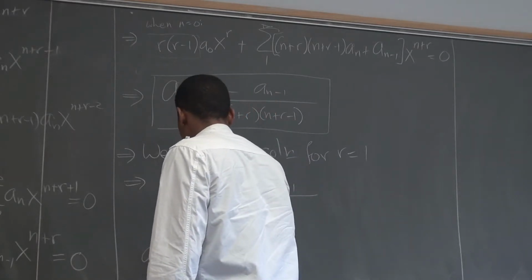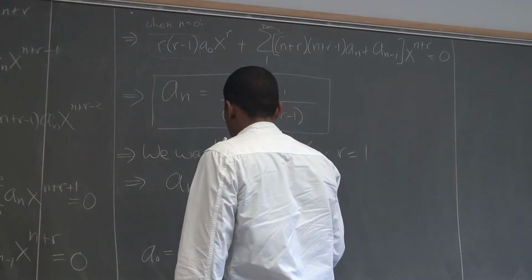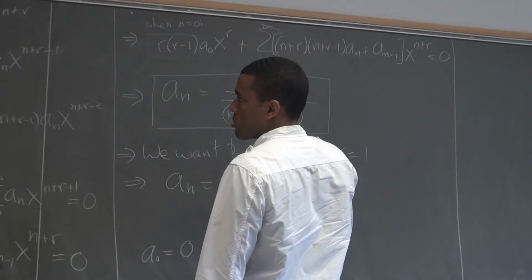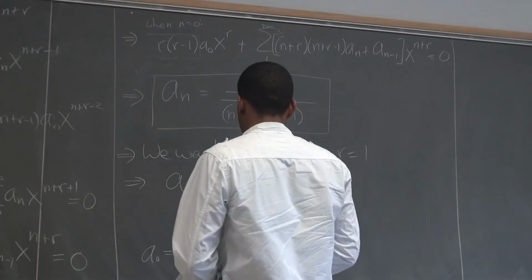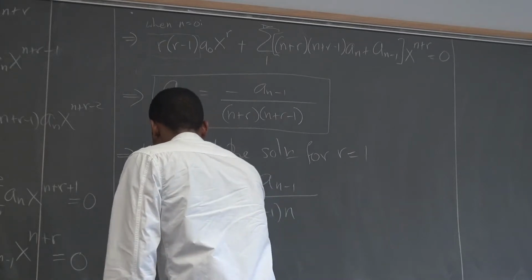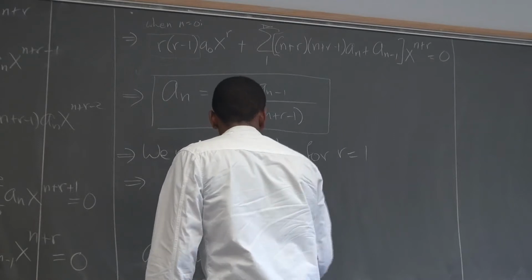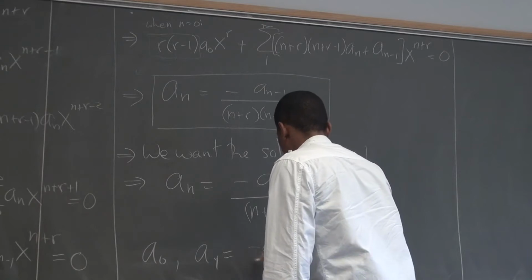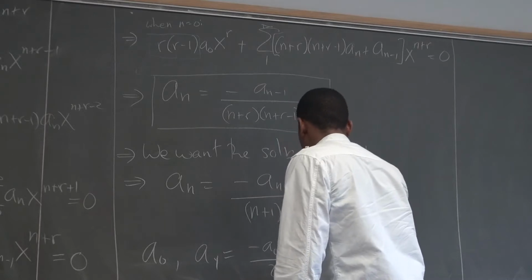Now what you're going to notice, you're going to start to find these guys. A0 is itself. A1, when I plug in 1 here, is minus A0 over 2.